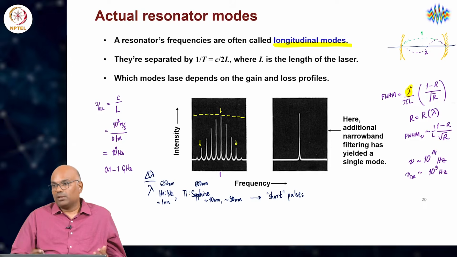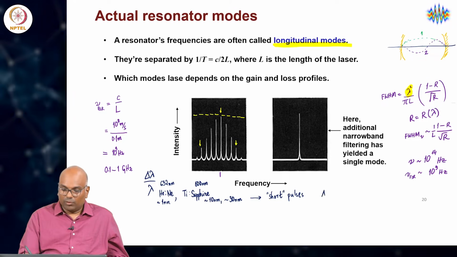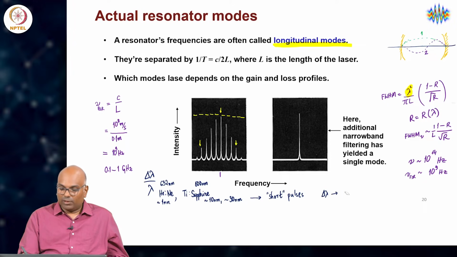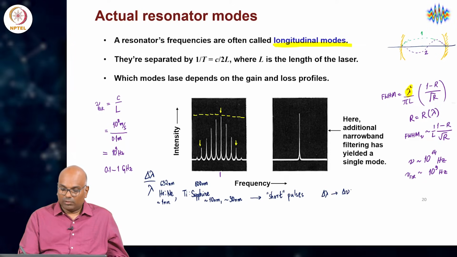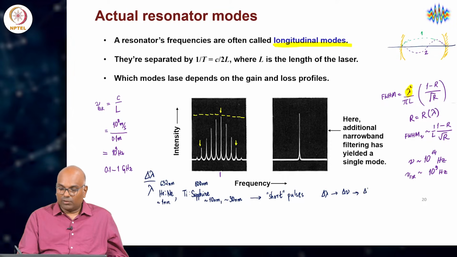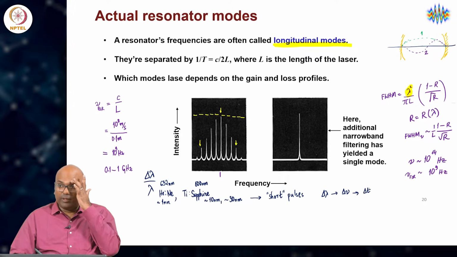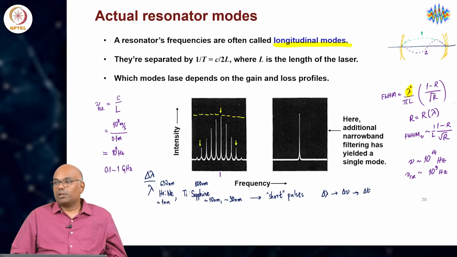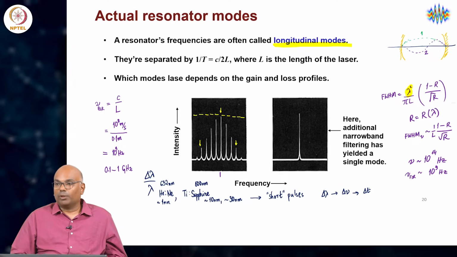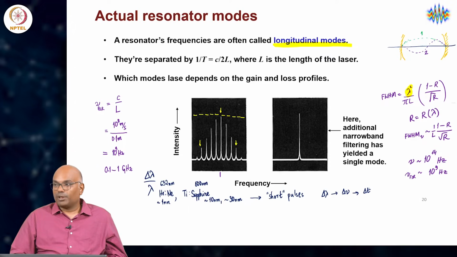It is a simple exercise: you know delta lambda, convert it to delta nu, and convert this to the possible bandwidth limited width of this pulse. It is a simple exercise without even knowing a whole lot about generating these femtosecond pulses.